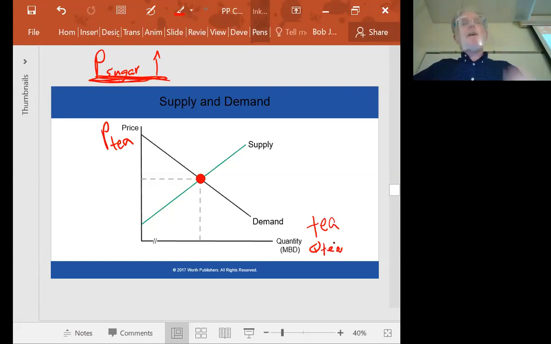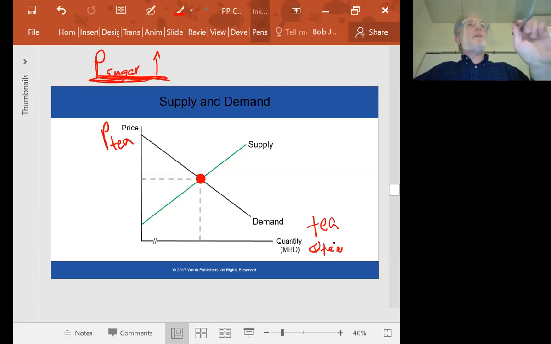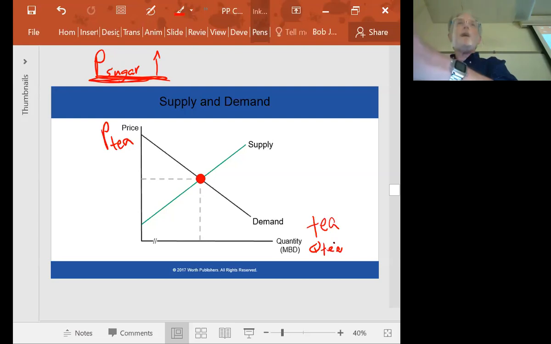And then you say, okay, I remember the price of a complement is one of those shift factors for demand. This is going to have a direct impact on the consumer of tea, and so it's going to be the consumer's behavior that changes. The producers aren't using sugar to make tea.